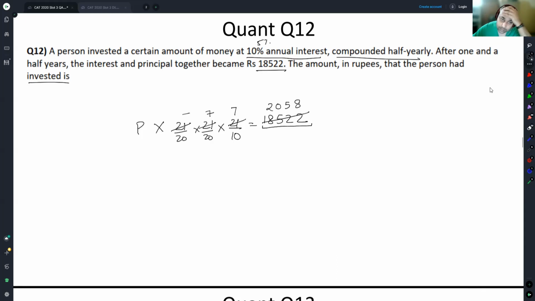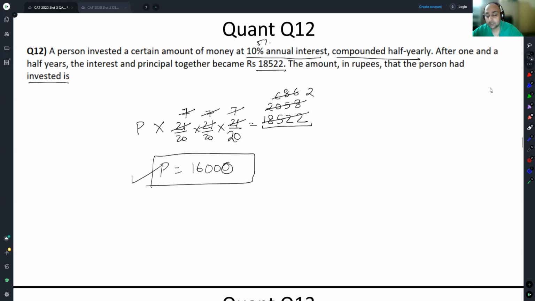Yes. 7 divided by 3 gives me 686. This I understand to be 343 into 3 or 343 into 2, or 7 cubed into 2. So these 3 will go. I'm left with 2 here. So P is equal to 2 into 16 followed by 3 zeros. Principal has to be 16,000. Yes.